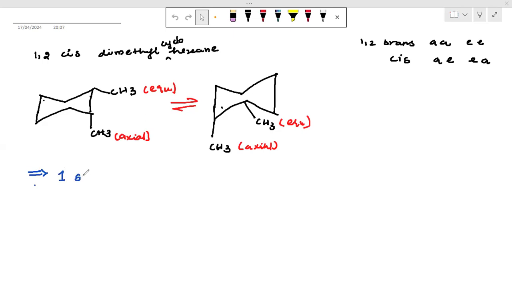and one substituent axial and one substituent equatorial. Okay, almost equally populated in both cases, both structure 1 and 2. Both structures have one substitution in axial, one substitution in equatorial.